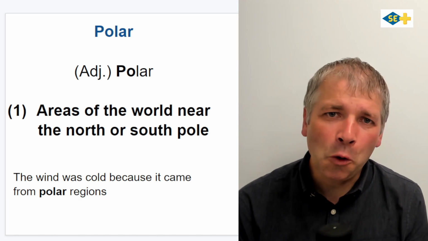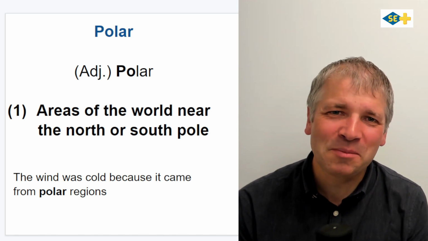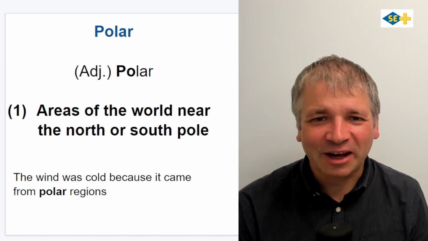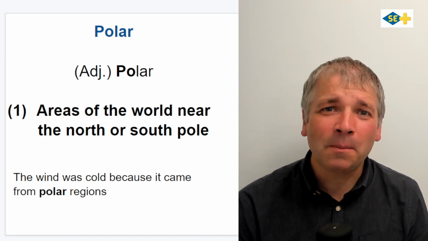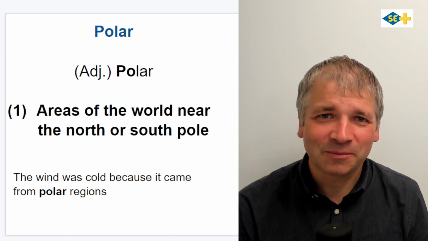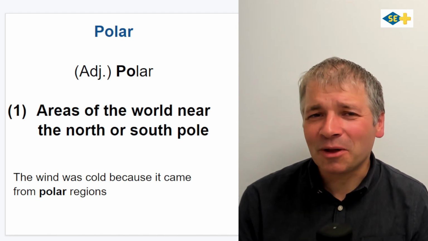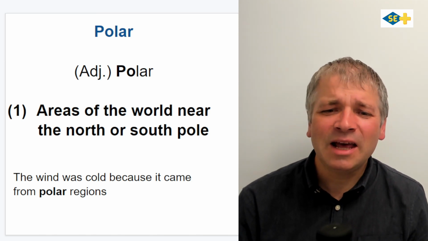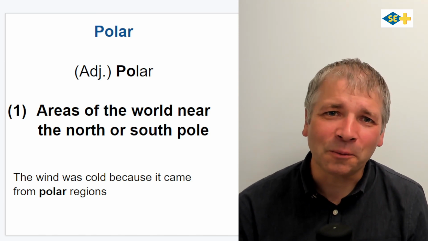The word polar has 3 separate meanings. Polar is an adjective with the stress on polar. And the main meaning we know is areas of the world near the North or South Pole.